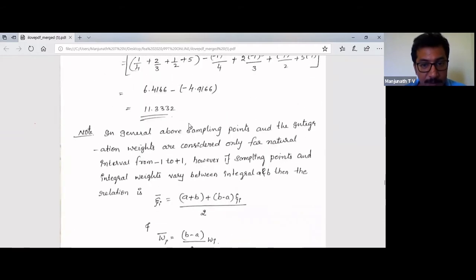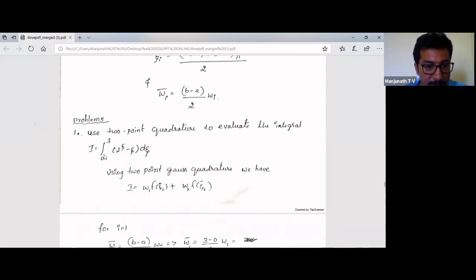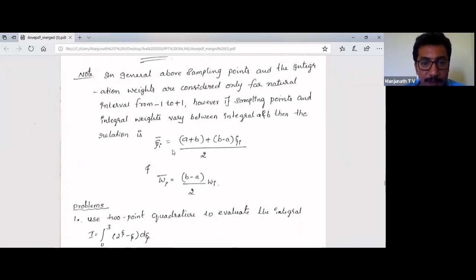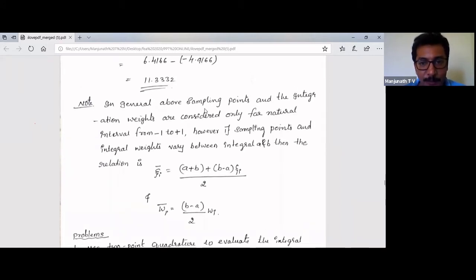For example, the integral varying from 0 to 3, or 2 to 5. If the integral varies from A to B, then what will be the W1, W2, and zeta1, zeta2 values?